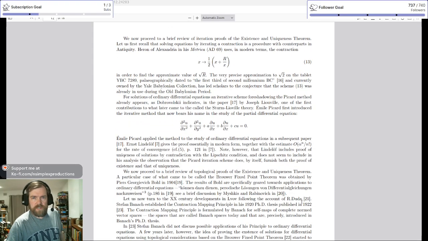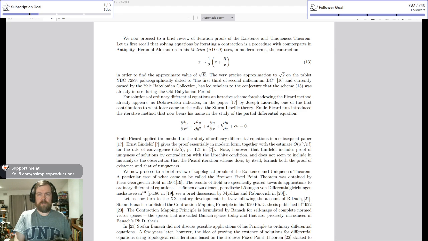As we now proceed to a brief review of iteration proofs of existence and uniqueness theorem, let us recall first that solving equations by iterating a contraction is a procedure with counterparts in antiquity. Heron of Alexandria in his Metrica uses, in modern terms, the contraction x goes to 1/2 times the quantity x plus r over x in order to find the approximate value for the square root of r.